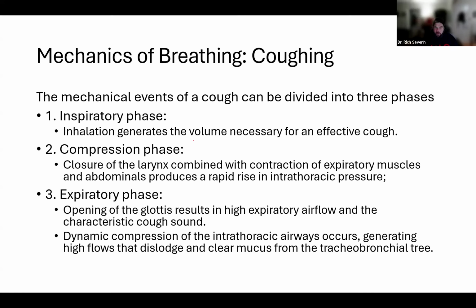So again, we generate enough volume, we compress it and build up pressure, and with a closed glottis we have compression of the airways and chest wall, which builds pressure. Then the glottis opens, and we expectorate or push out whatever was lodged, as a cough.